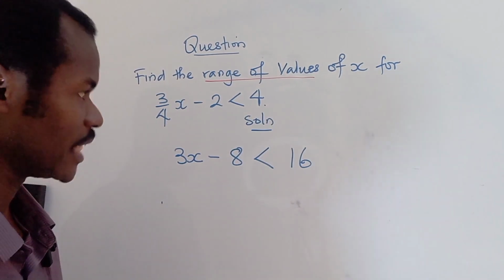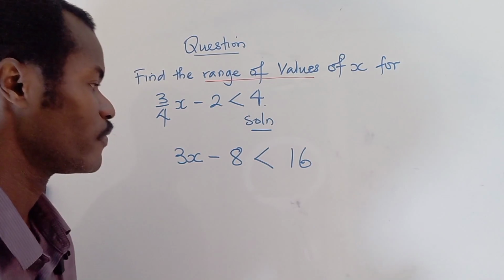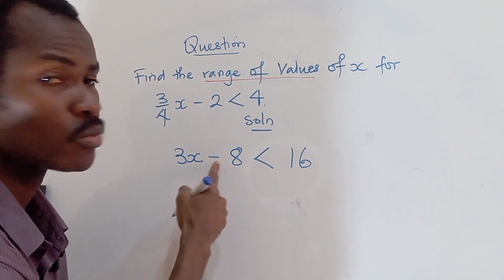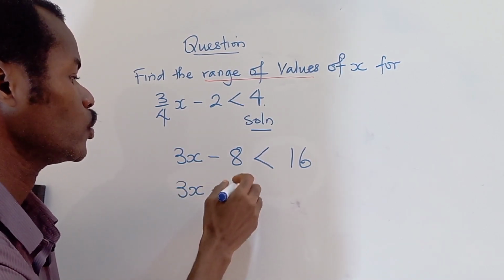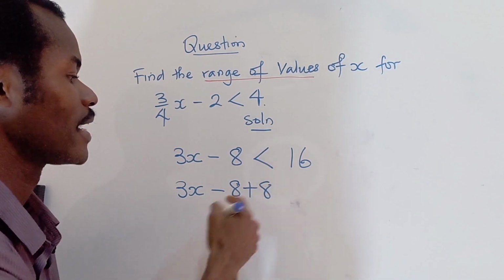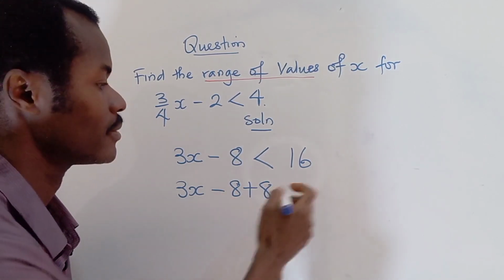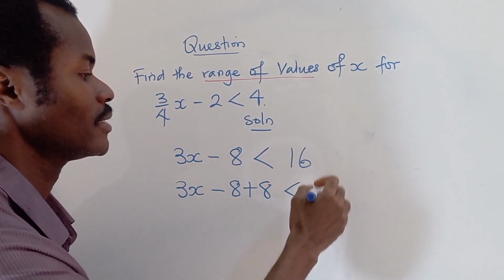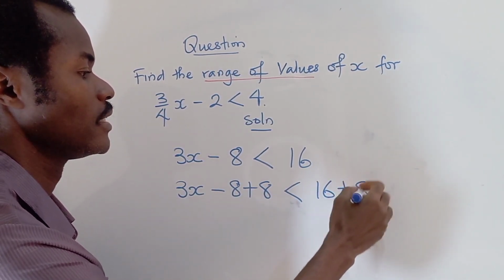Now that we have simplified the inequality to this, we can simplify further. How do we remove this 8 from both sides? We add 8 to this side to remove the minus 8. So this is going to be 16. Since we added 8 here, we're also going to add 8 here.